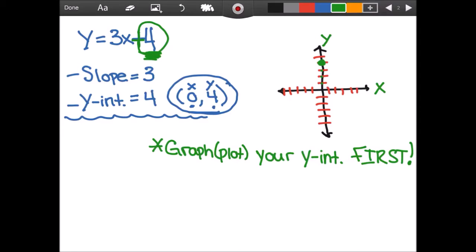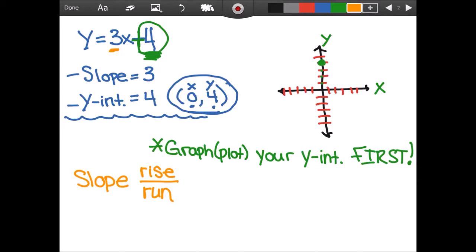That is your y-axis. Now, from that point right there, you're going to move the slope. Slope is known as rise over run. Hopefully you've heard that before.